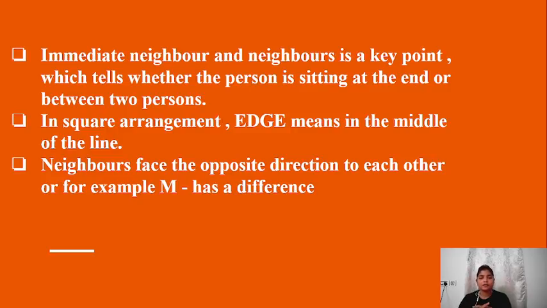Okay, and about direction, the statements 'neighbors face opposite direction to each other' and 'facing opposite direction to M' have a difference. If we say that neighbors of M face opposite directions, that means the immediate neighbors of M will face opposite directions to each other, not M. M doesn't play any part in the picture.